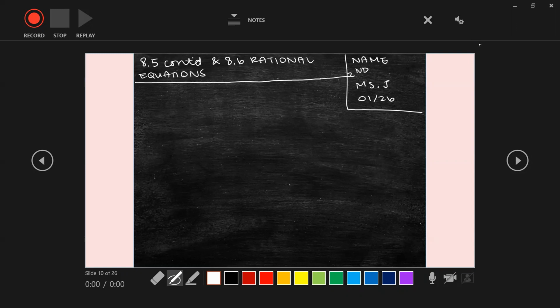Okay, so what we didn't get to yesterday was subtracting rational expressions and simplifying complex fractions. So we're going to do some examples of that. Let's do subtracting rational expressions.